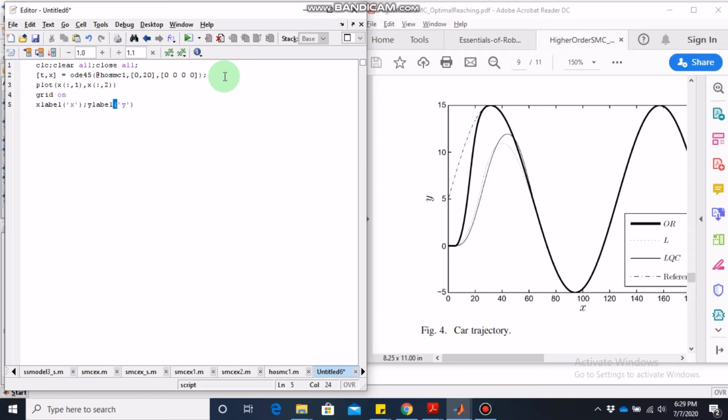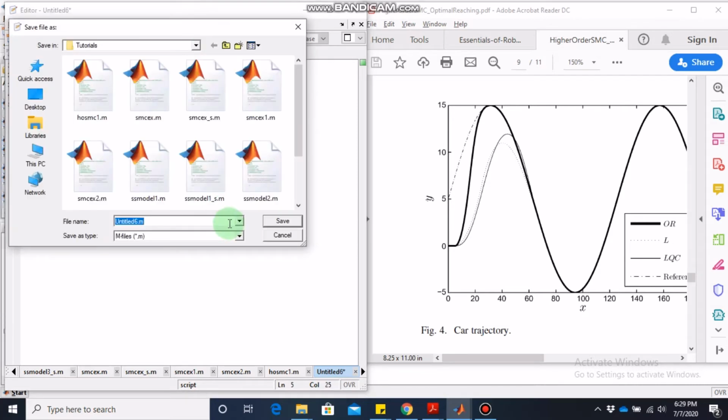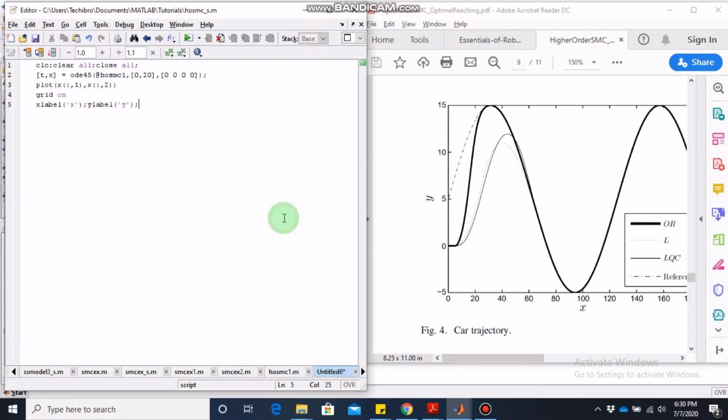And now we can just run this file and see what happens. We are going to save this file with the name HOSMC underscore script, because that's easy to remember what is the purpose of this file.